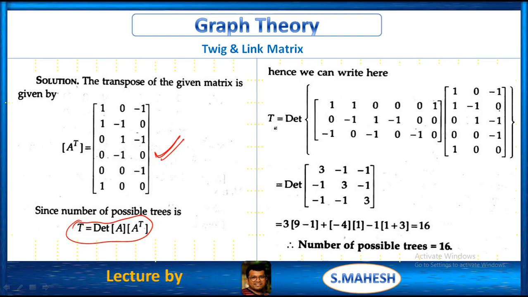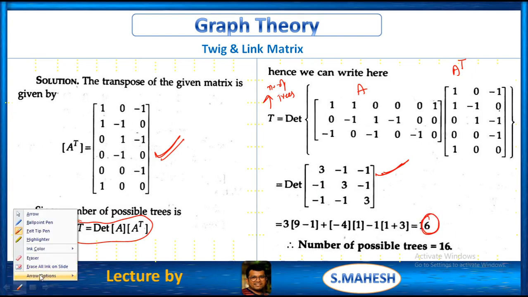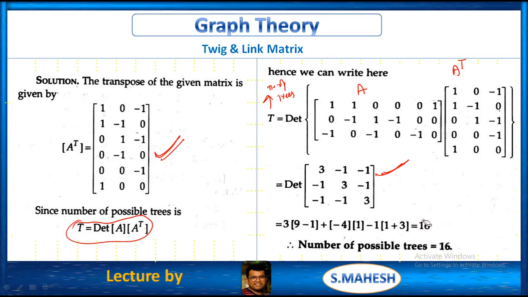So, T is equal to the number of trees, the determinant of A and A transpose. From this, we have A into A transpose like this. What is the determinant of this? 3 into, like this, we have 16 possible trees.